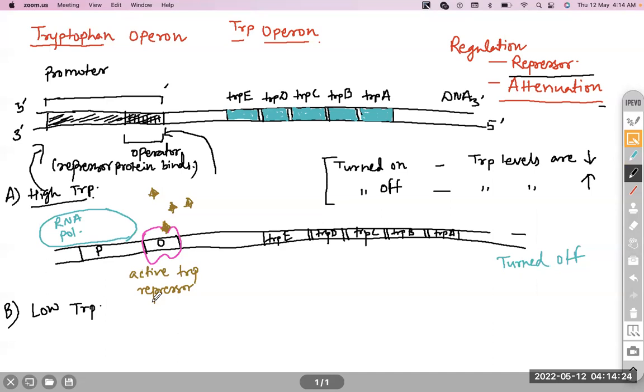And in that case, it will not attach to the DNA or block the transcription. And this will allow the tryptophan operon to be transcribed by RNA polymerase. Okay.